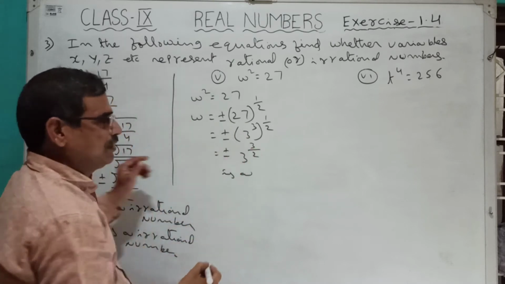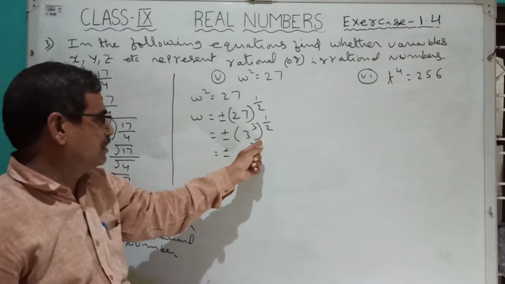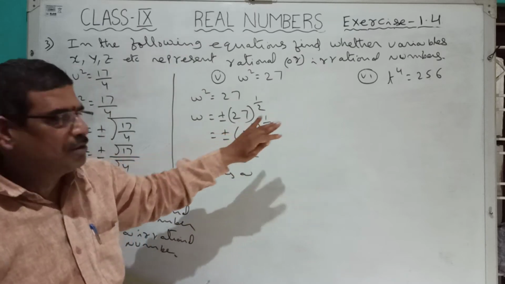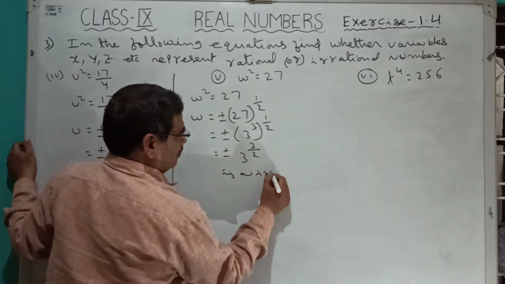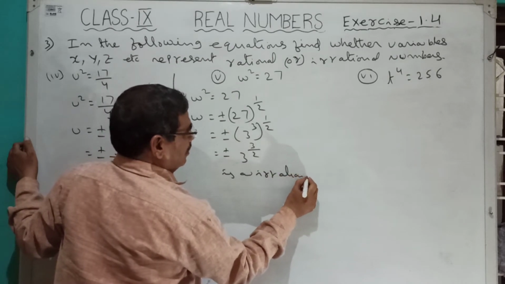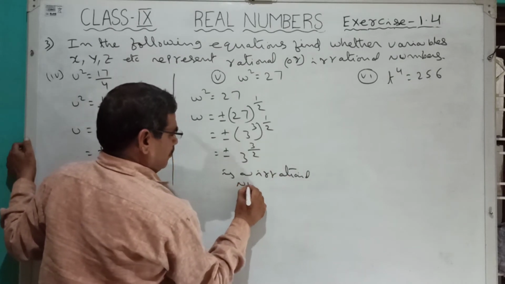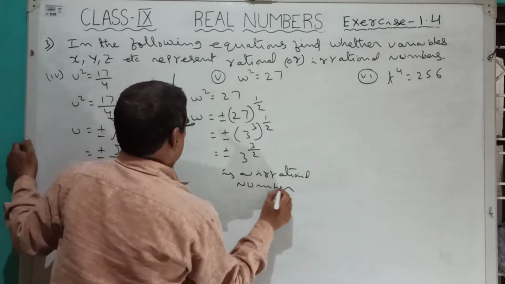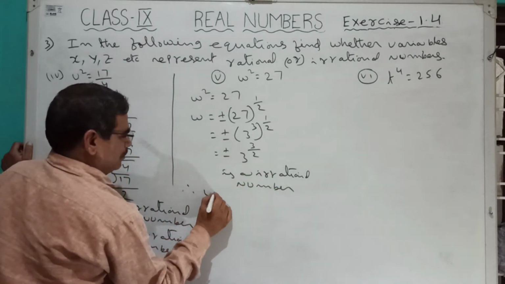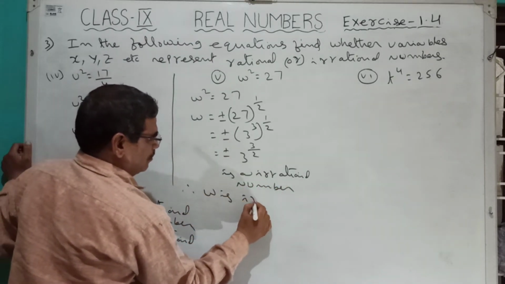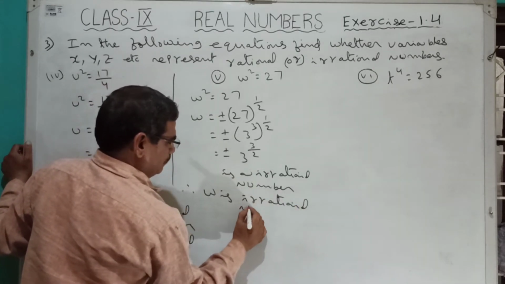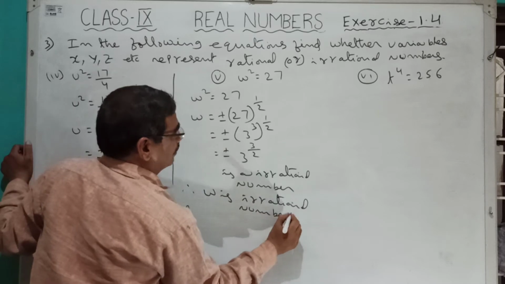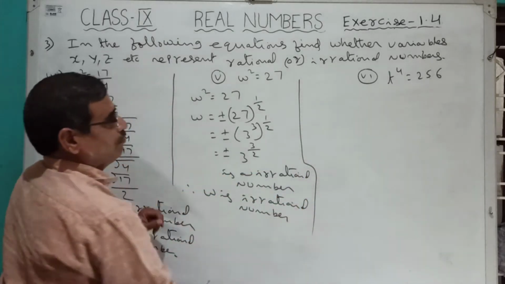This is an irrational number, there is no exact cancellation here. So this is an irrational number. Therefore w is an irrational number.